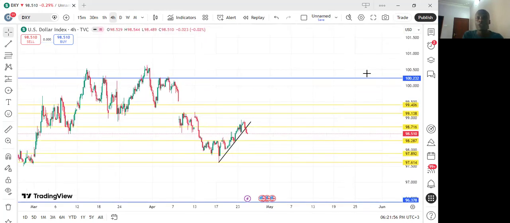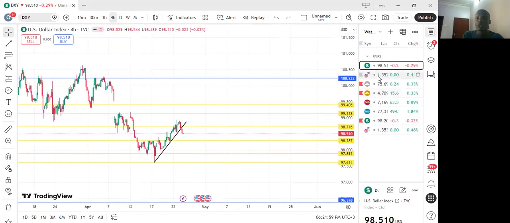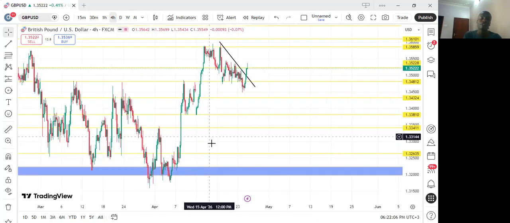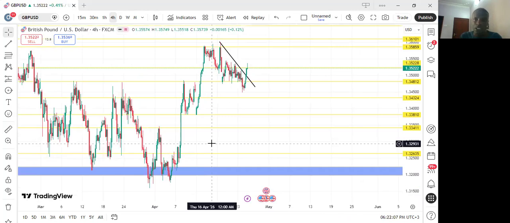Then if we can go to other pairs, we can go for GBP USD. GBP USD is the same thing. As I told you, if DXY is bearish, GBP USD will be bullish because these pairs move inversely proportional. GBP USD, all the majors and DXY are inversely proportional.